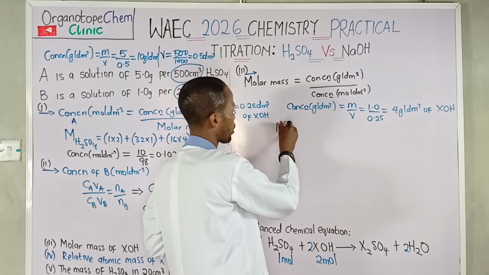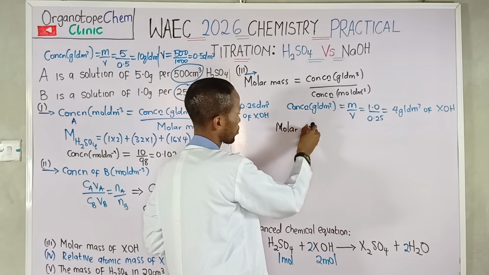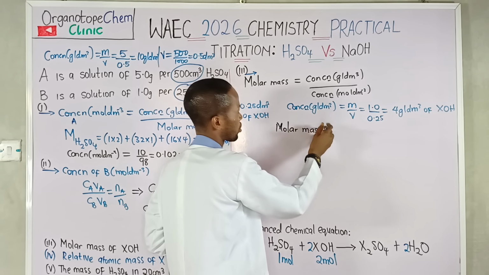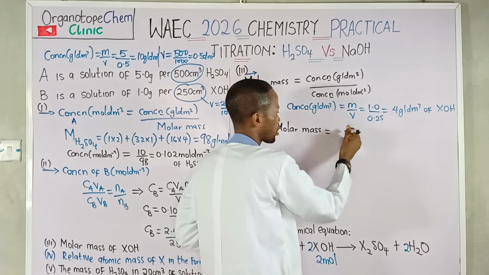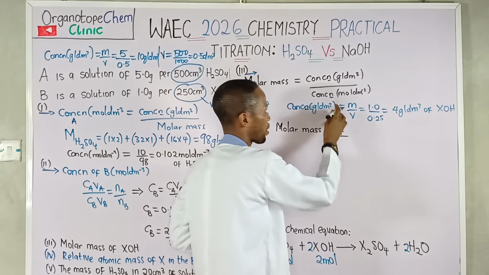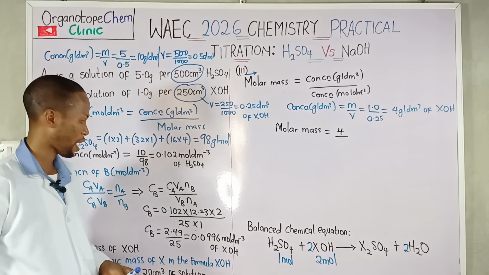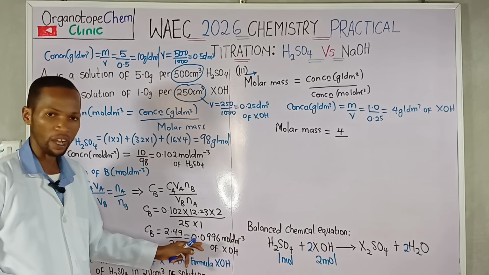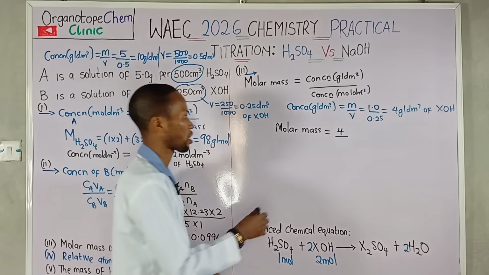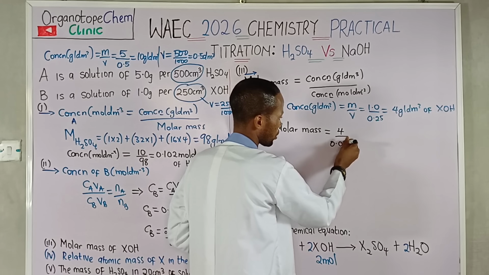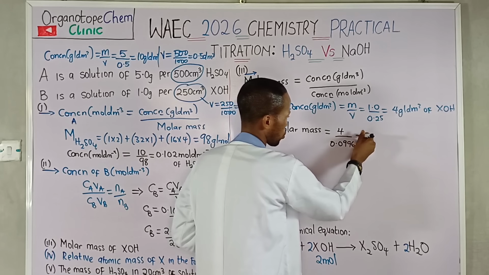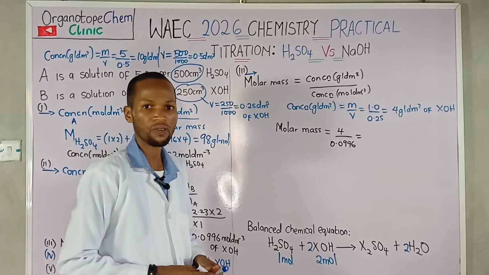Since the mass concentration of XOH is known, we can determine the molar mass of the compound. Therefore, we are going to have molar mass equals mass concentration, 4 grams per dm cube, divided by what is the molar concentration of XOH? That's right, we're having 0.0996, okay? So when you press your calculator, what's the final answer?